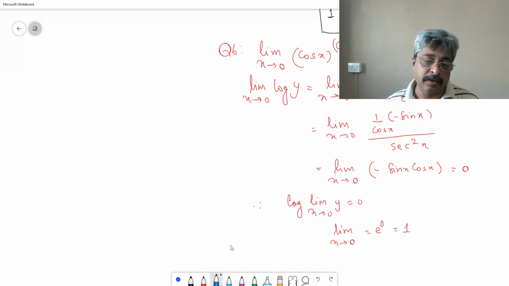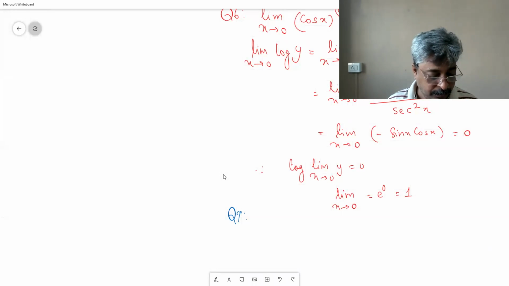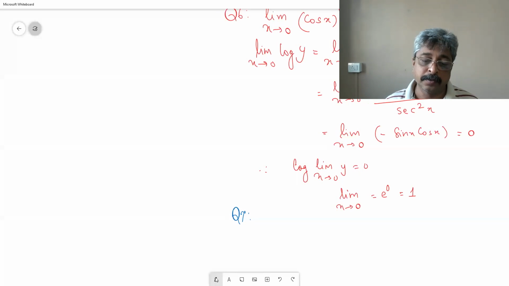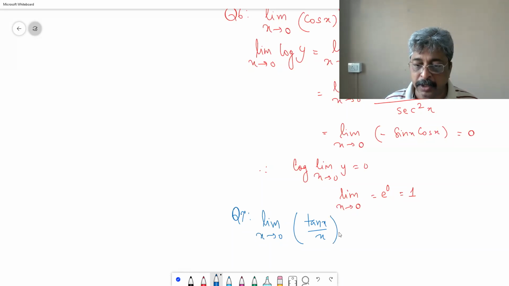Question number 7. Limit x tends to 0 of tan x upon x raised to 1 over x.